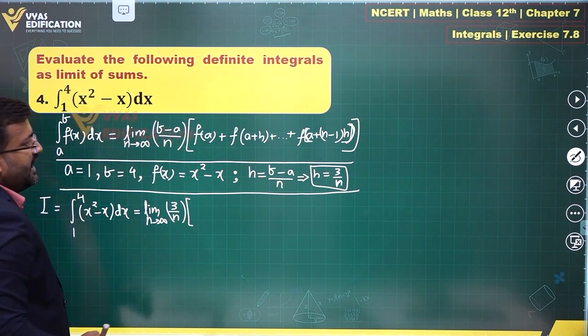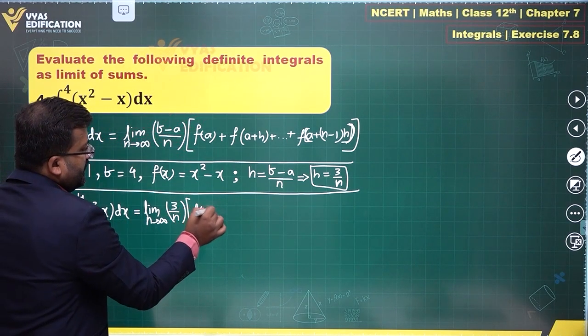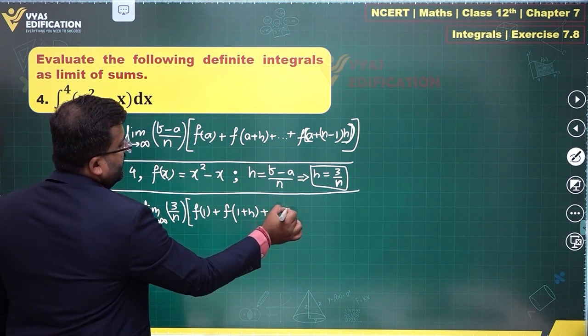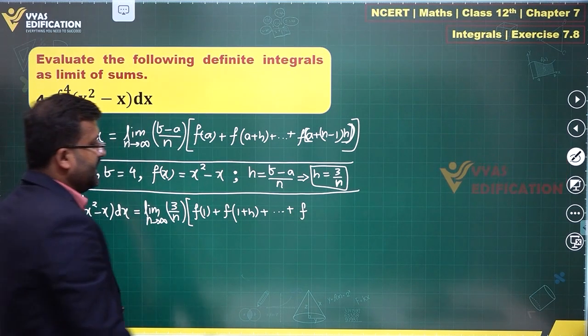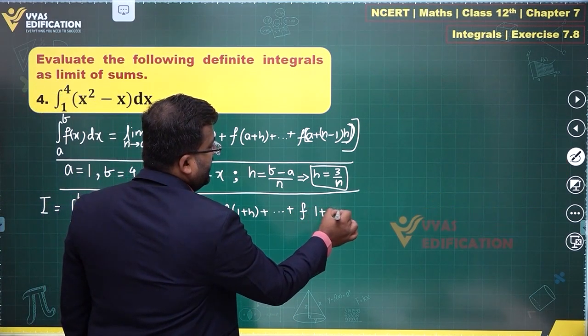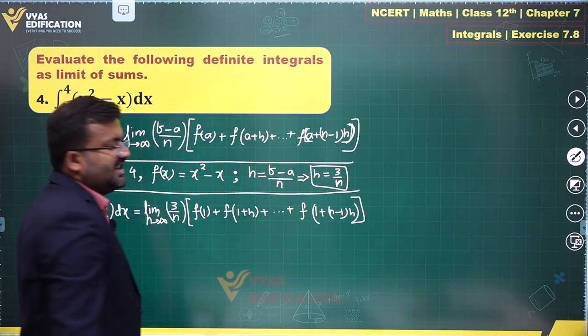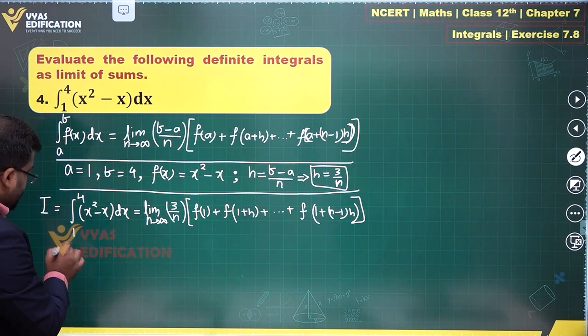In the square bracket I have f(a), which is f(1), plus f(a plus h), plus and so on, and at the end f(a plus (n minus 1)h), which is f(1 plus (n minus 1)h). This is what you have. Is that okay? Yes. Once you are clear with this, this will simplify to what?